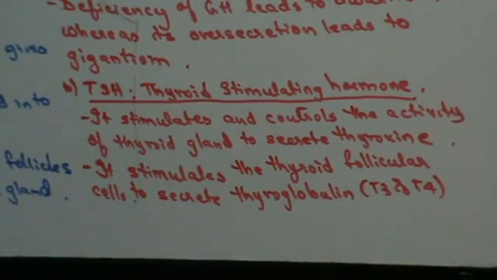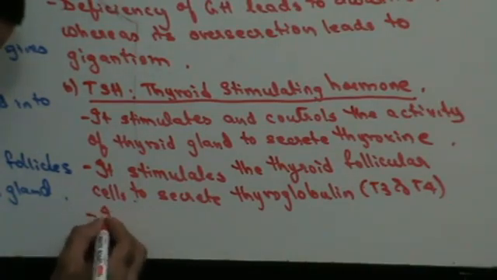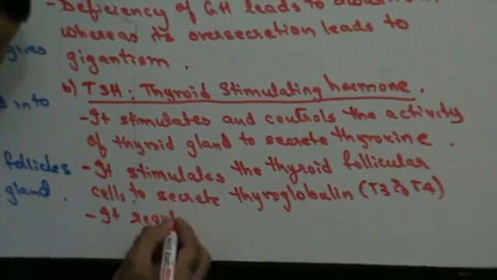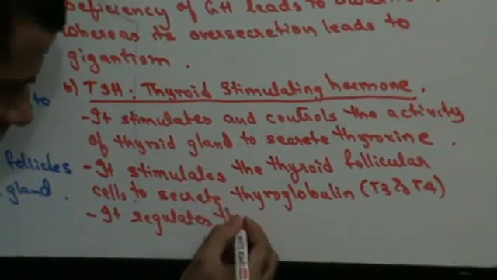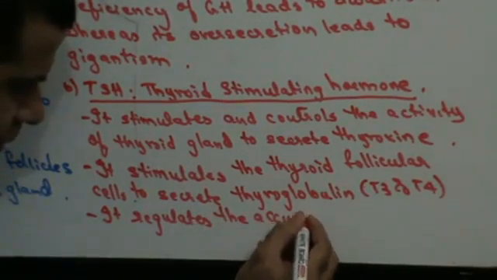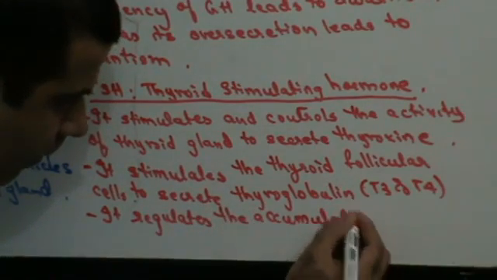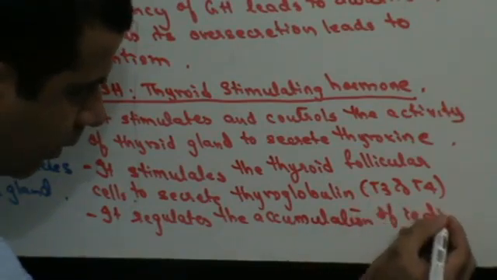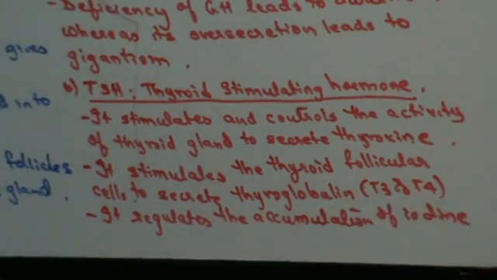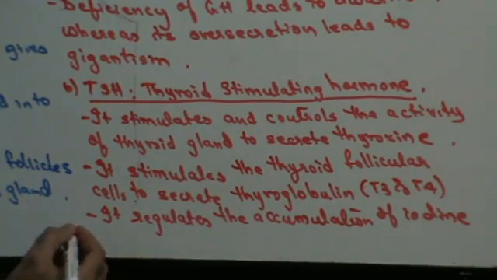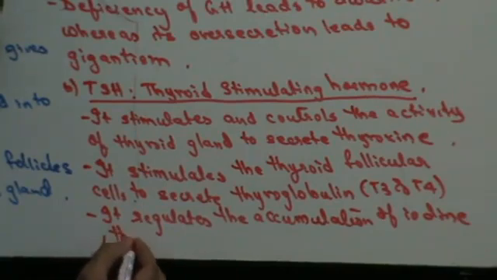Now TSH also regulates the accumulation of iodine. It regulates the accumulation of iodine, the main constituent of thyroxine, in colloid of the thyroid follicle.